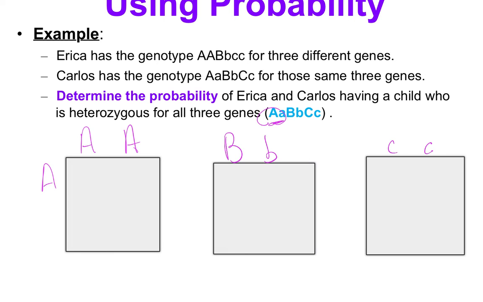So he's heterozygous for A, heterozygous for B, and heterozygous for C. And remembering, we want to know the probability that they're going to have an offspring who is also heterozygous for everything, who's got the genotype like daddy, apparently.